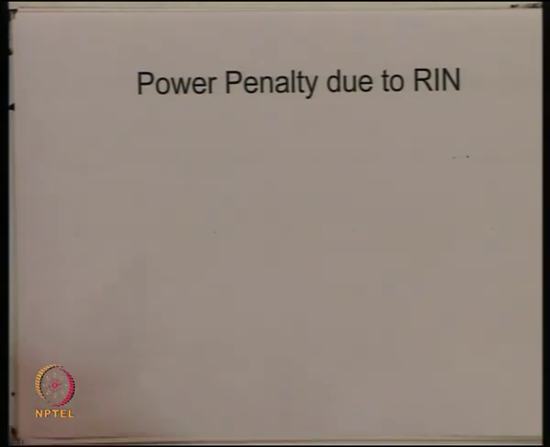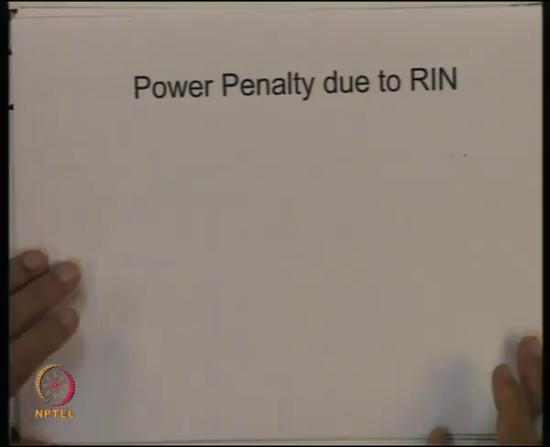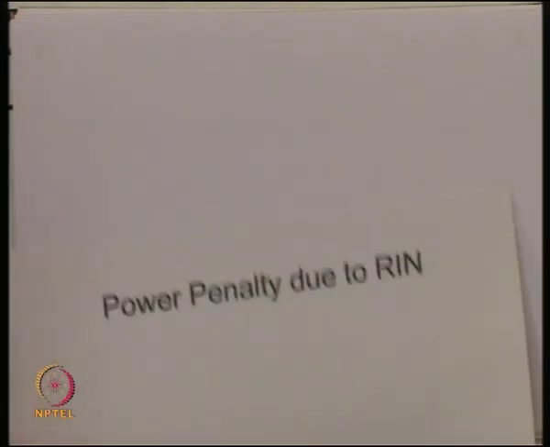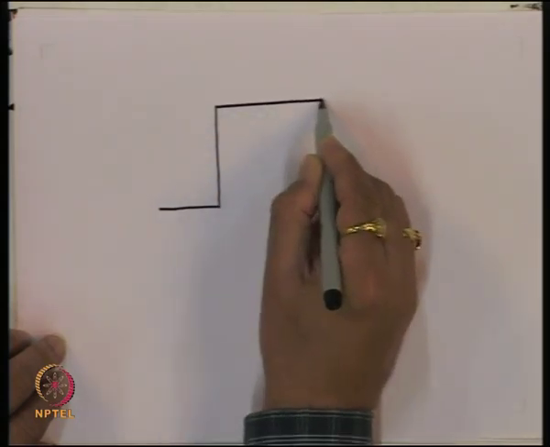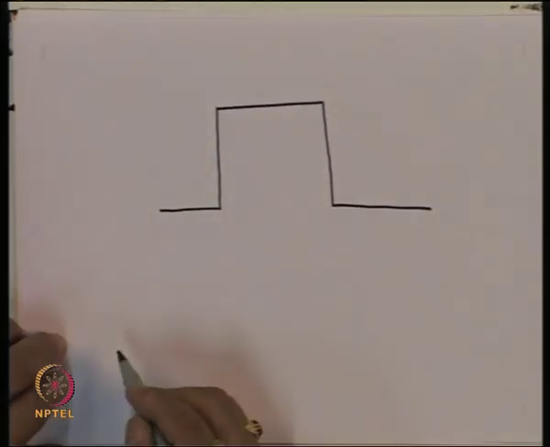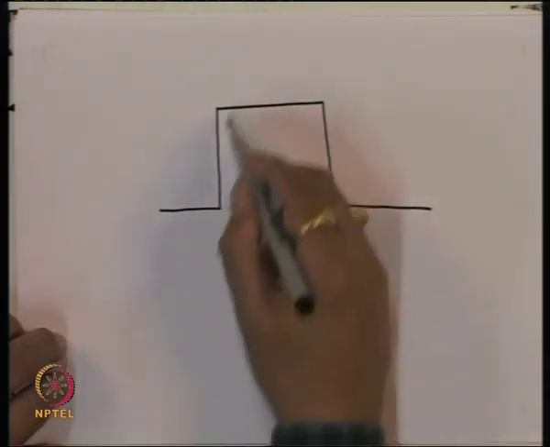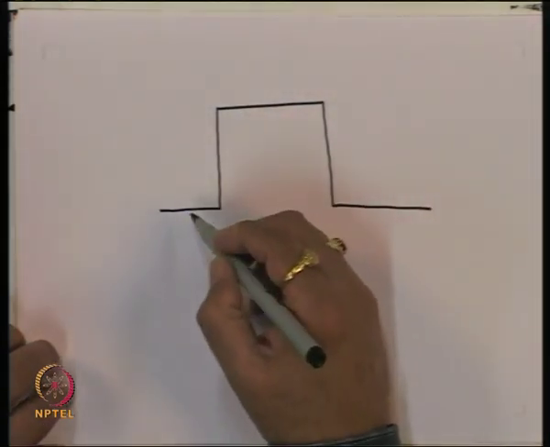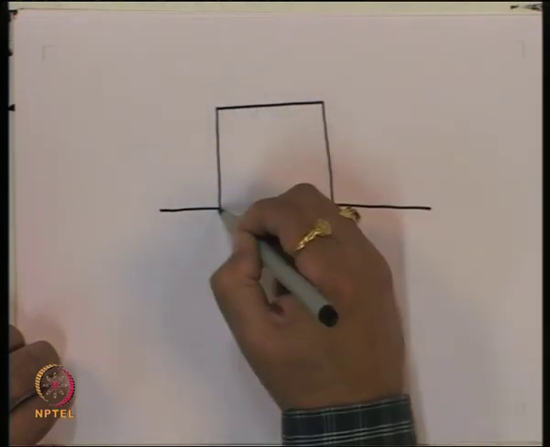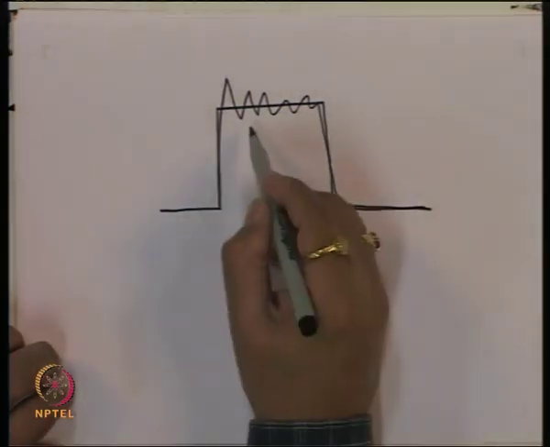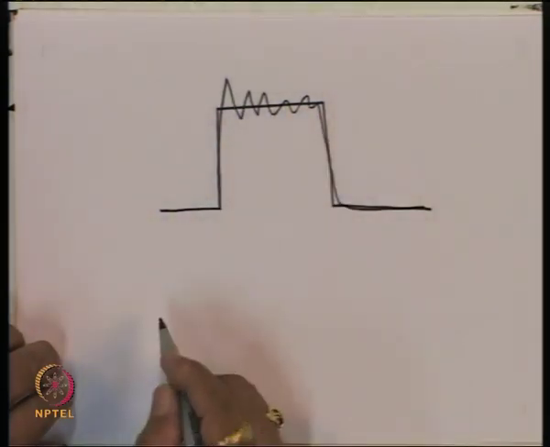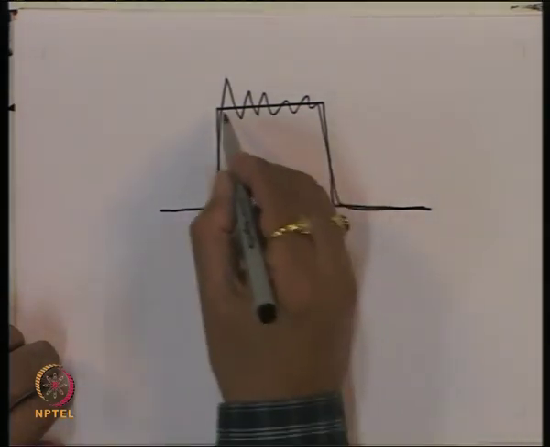The second power penalty which we have is the power penalty due to relative intensity noise, and that is, if you recall, that if the pulse has to be transmitted like this, because of the relaxation oscillations and all other noise present in the laser, the signal does not go like that. The signal essentially goes something like this. So, we are having some fluctuations in the optical intensity corresponding to the one level.